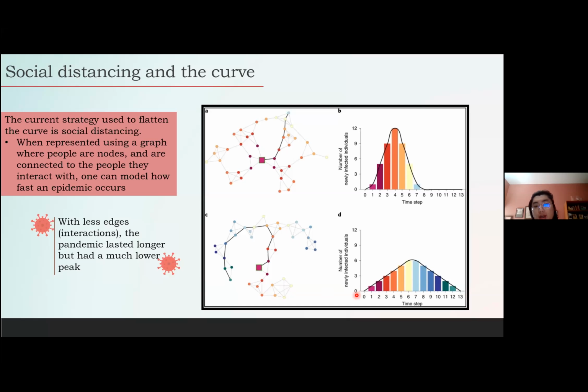They did look at a couple other situations where they would isolate from just within their community, et cetera, but for the purpose of showing that the peak does go down, just from a graph theory perspective, by extending how long it takes for people to interact with each other, by seeing how long it takes to get from patient 0, who is our little red square, to the little blue dot way in the left corner, can be really, really extended, just by having people talk less, be a little further away from each other. And so we'll still see everyone get affected eventually, but it'll take longer and we'll have much lower peaks, which lets the healthcare system do its job.